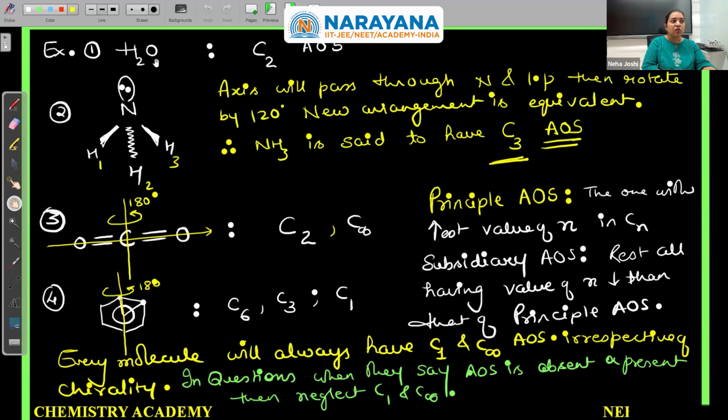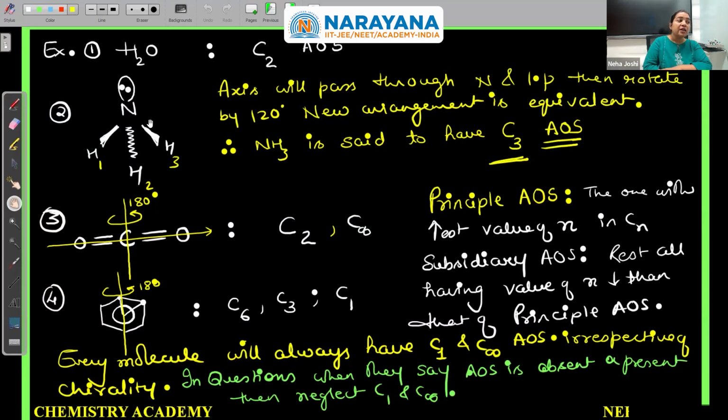Okay, for example, if I talk of water, it has C2 axis of symmetry. Okay, because it can flip by 180 degrees. It can flip the molecule by 180 and the axis is passing through oxygen.